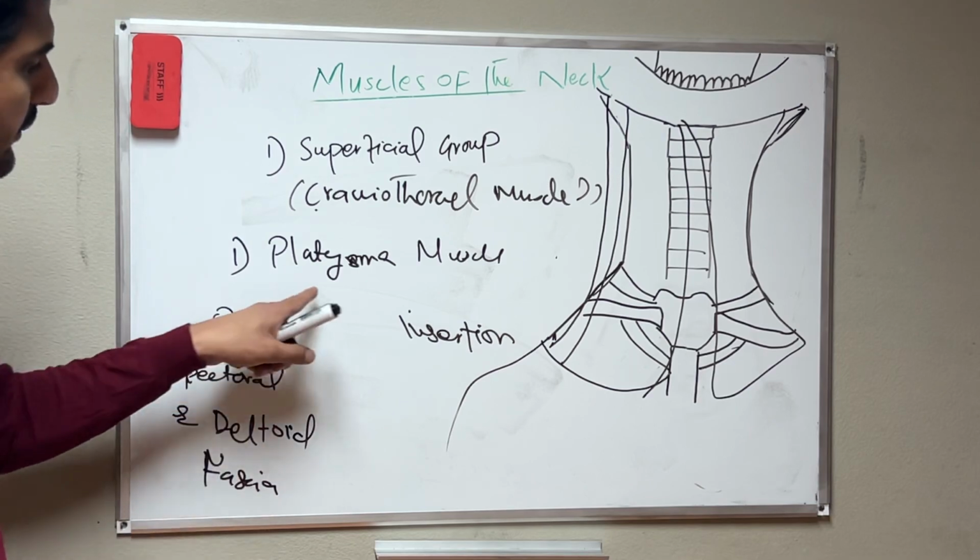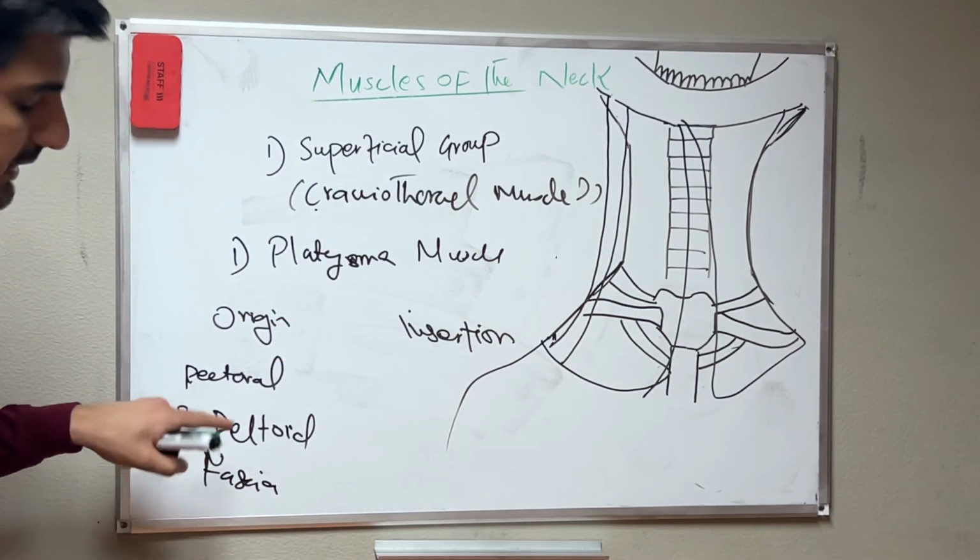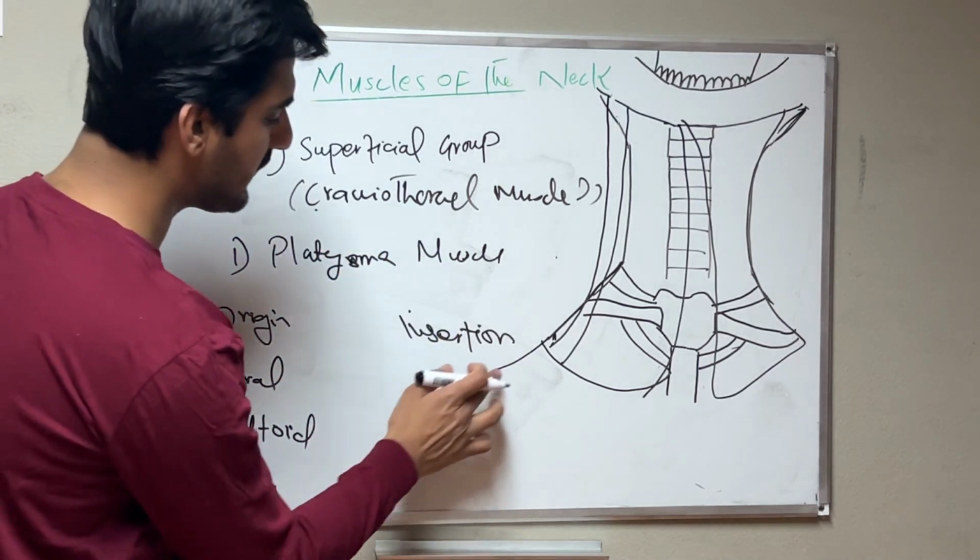It means the platysma muscle originates from pectoral and deltoid fascia, and is inserted into where?